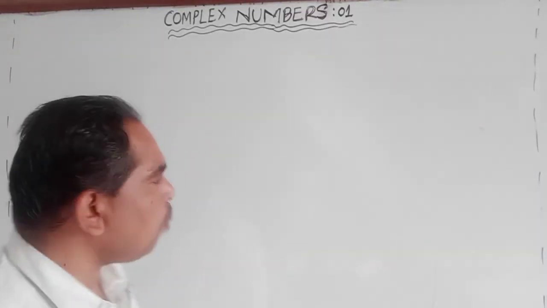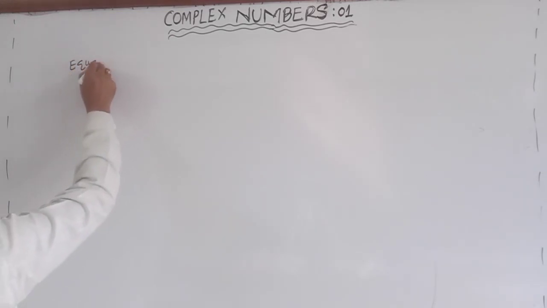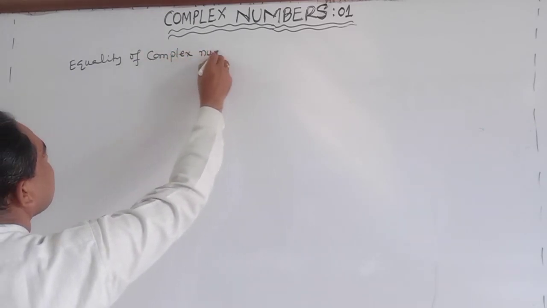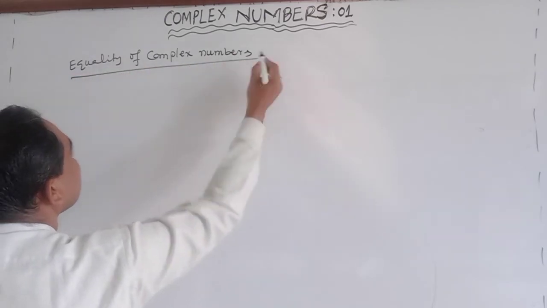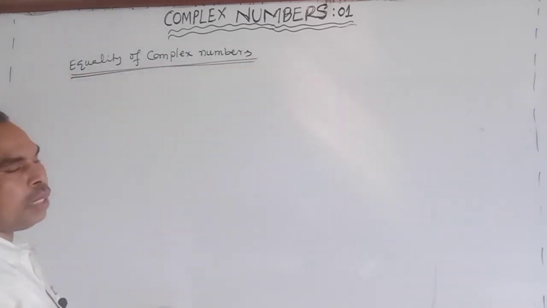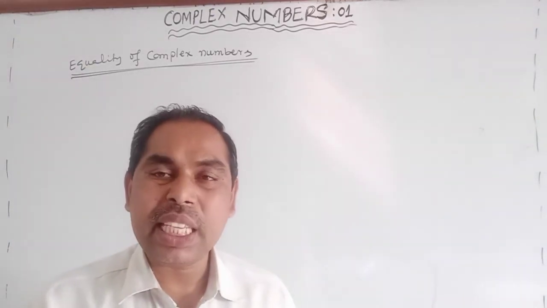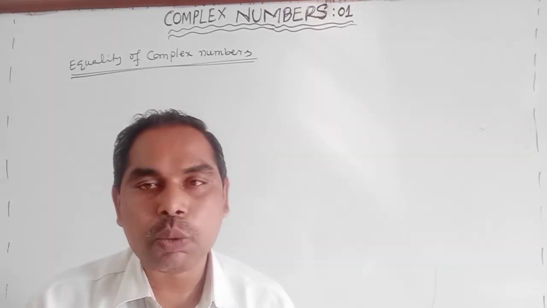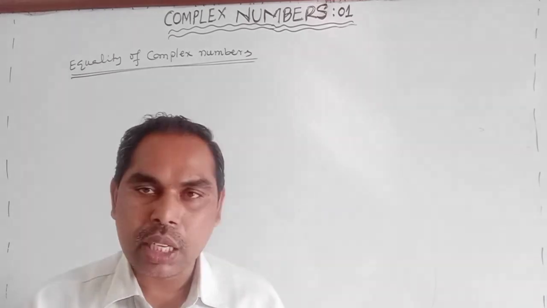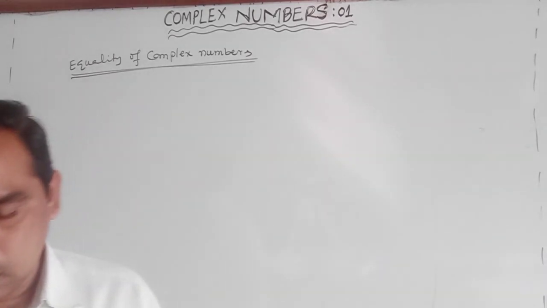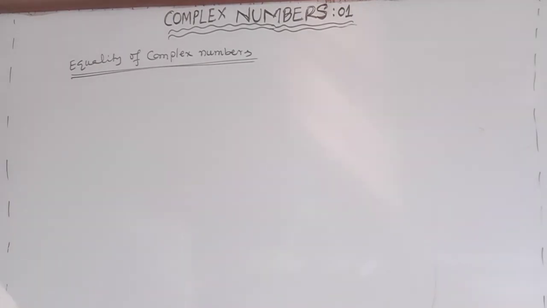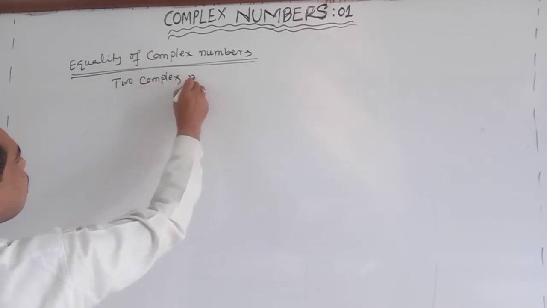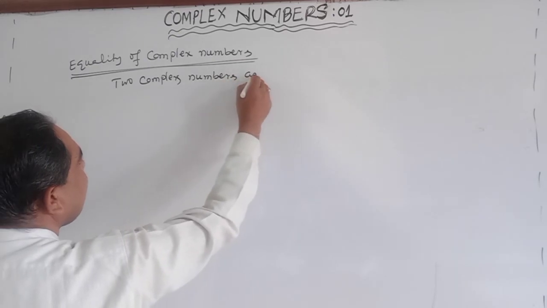Next, equality of complex numbers. Two complex numbers are said to be equal if and only if their real parts are equal as well as their imaginary parts are equal.